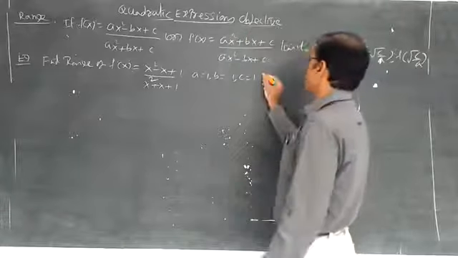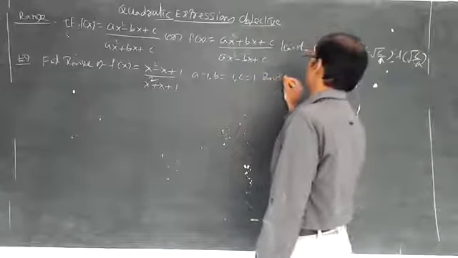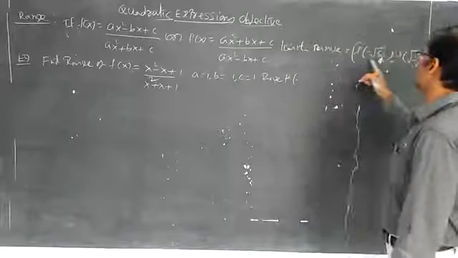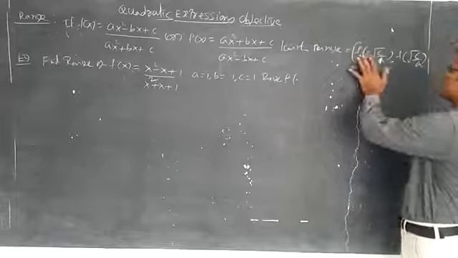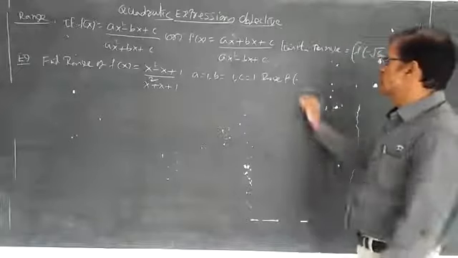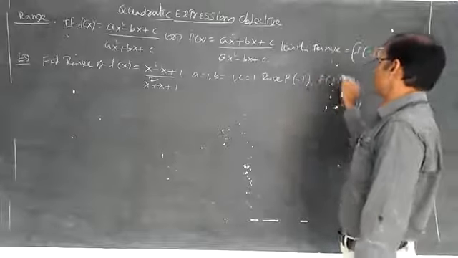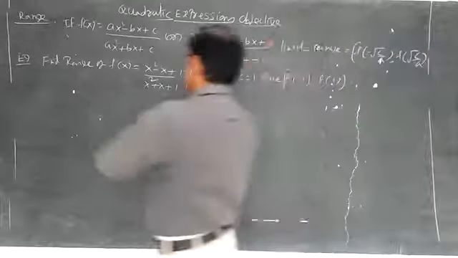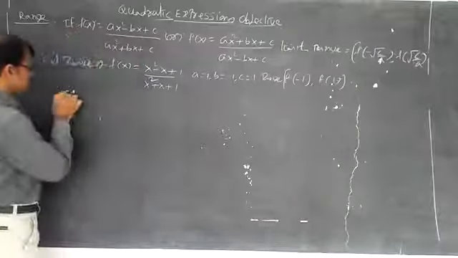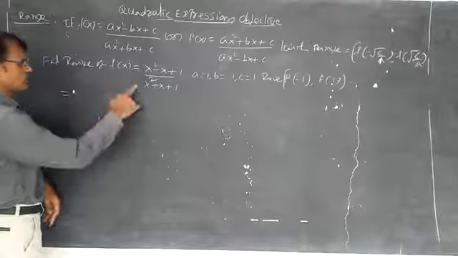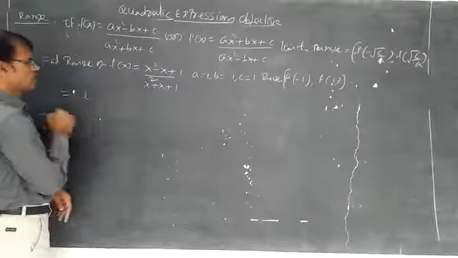So the range formula is f of minus root c by a. Don't try to confuse here. Minus is outside of root, not in the root. So simply write f of minus c by a means f of minus 1 comma f of 1 is the range. So substitute here minus 1 first. Whenever you substitute minus 1, it becomes 1 plus 1 plus 1, 3 by 1 minus 1 plus 1, 3.